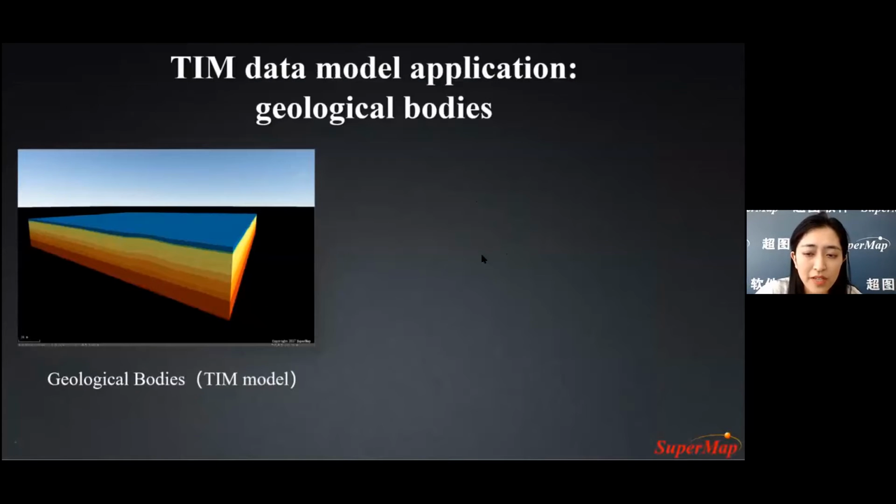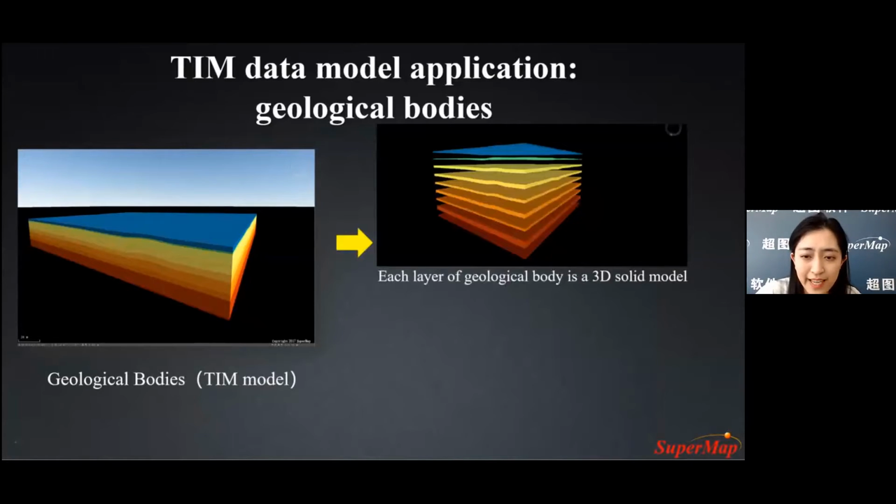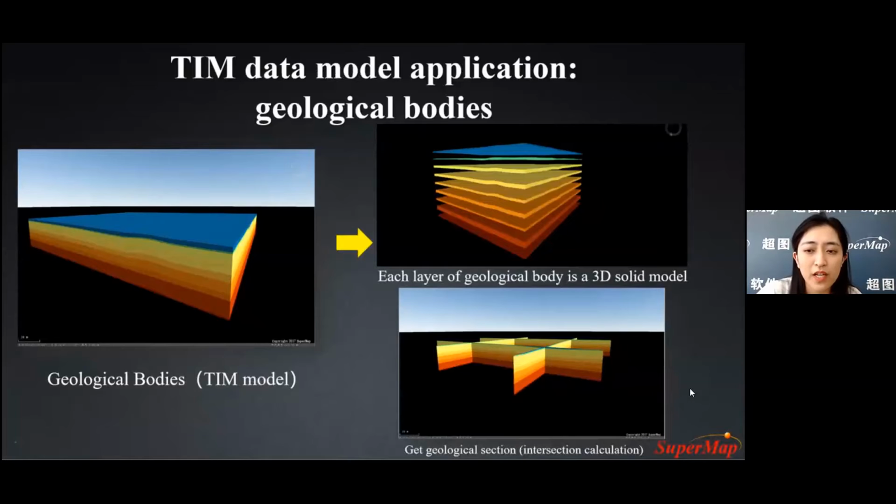There is also an application that uses the TIM to obtain any profile of the model, and uses the TIM model to represent the geological body, and uses a layered coloring method to express attribute information of the geological body, such as porosity, permeability, water saturation, liquidity and strong acid distribution.